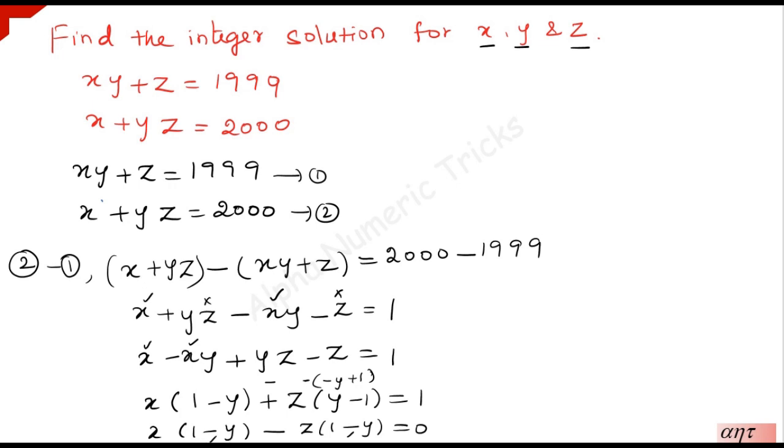Here we have 1 minus y taken outside, so x is left out. Minus z is taken here and 1 minus y is taken out, so z is left out. So x minus z we have. So 1 minus y into x minus z is equal to 1.